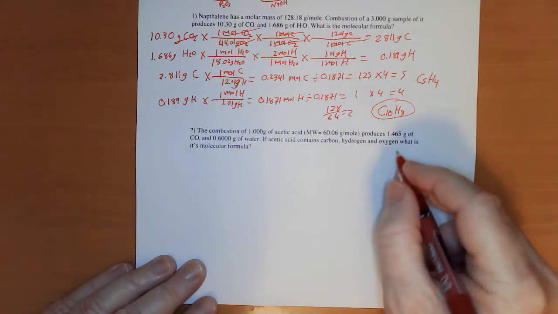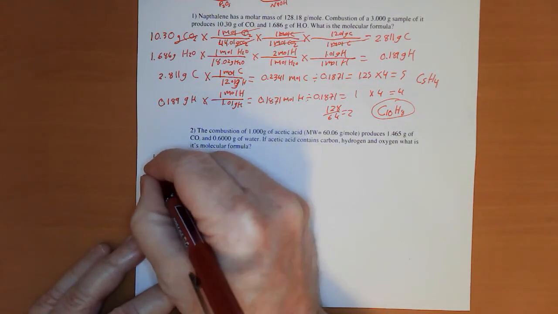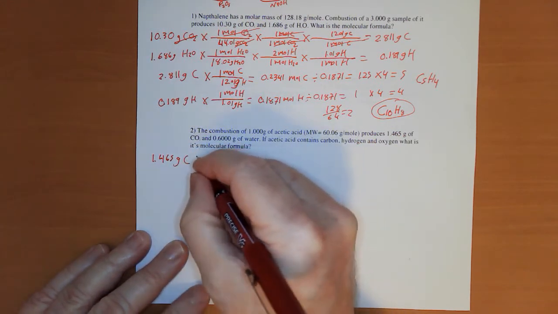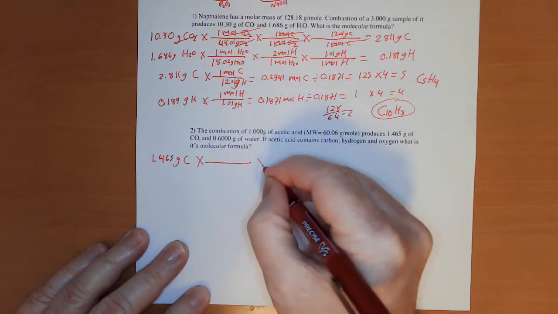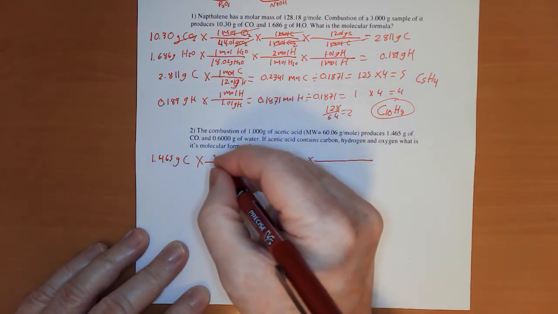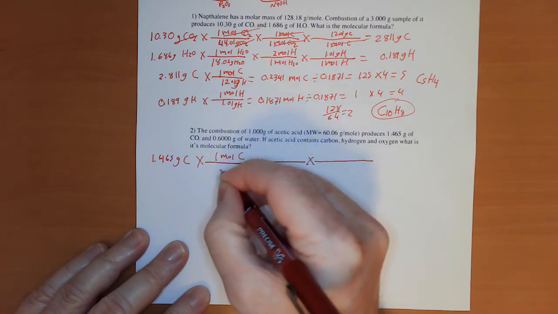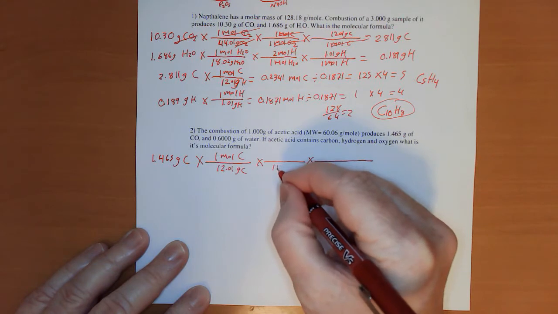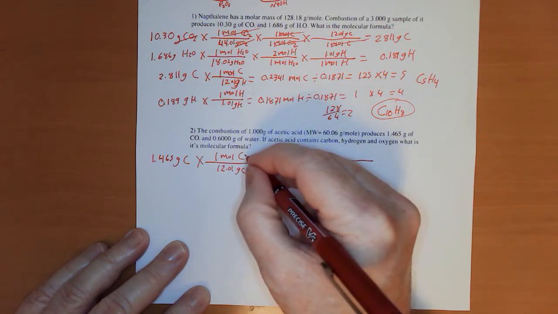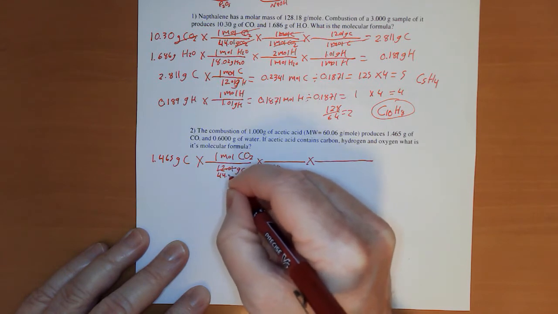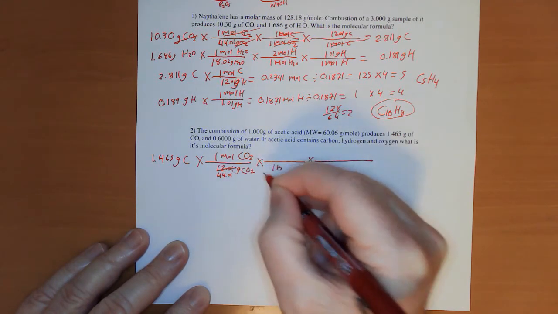This time we get 1.465 grams CO2 times 1 mole carbon dioxide is 44.01 grams carbon dioxide.